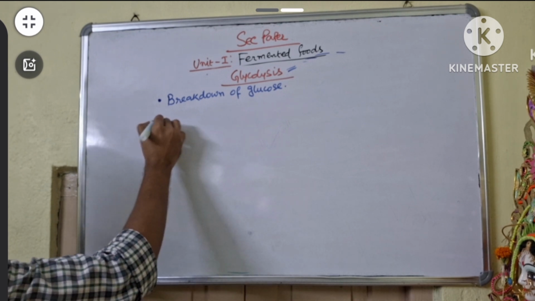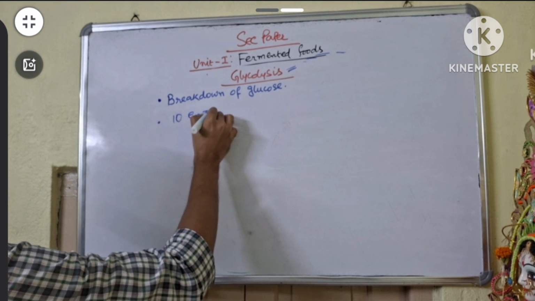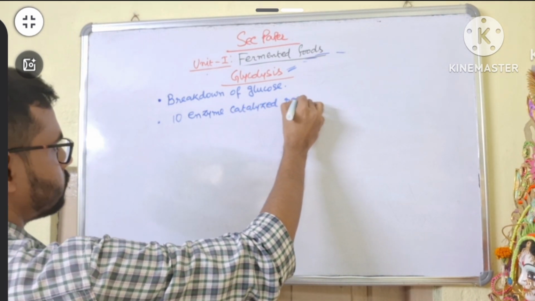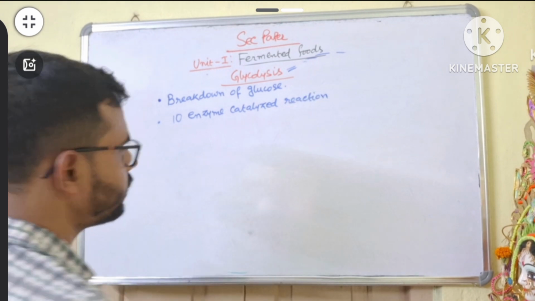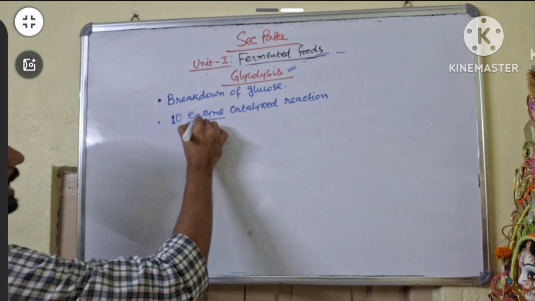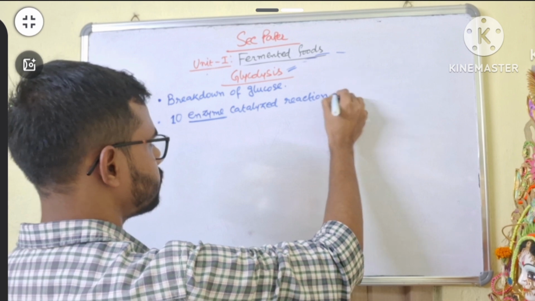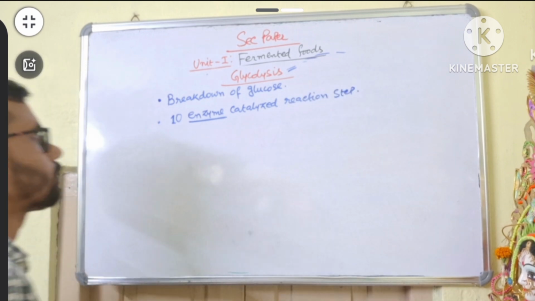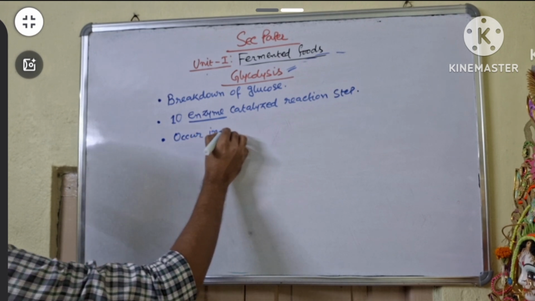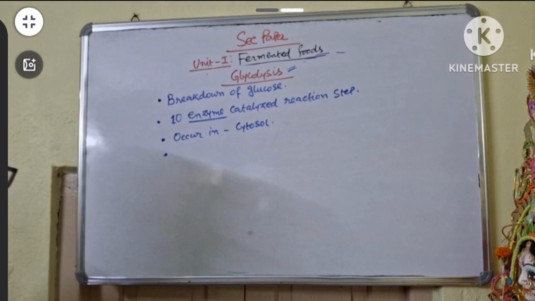The second point, glycolysis is a chain enzyme catalyzed reaction state. So in glycolysis, how many reaction steps are there? Total 10. And all reaction steps are catalyzed by enzymes. Glycolysis occurs in the cytoplasm, the cytosol, and for glycolysis you do not need any oxygen.